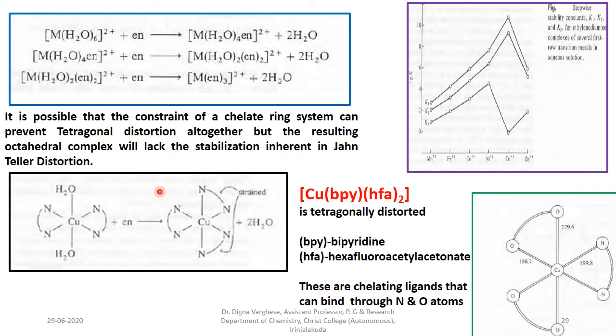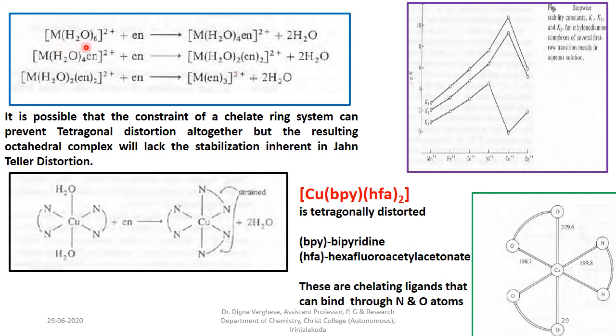In the case of the stabilization, there is a conflict between the stabilization from the Jahn-Teller effect and chelate geometrical requirements, found in the ethylenediamine complexes of copper(II). Most divalent transition metal ions form complexes with ethylenediamine by stepwise replacement of water.